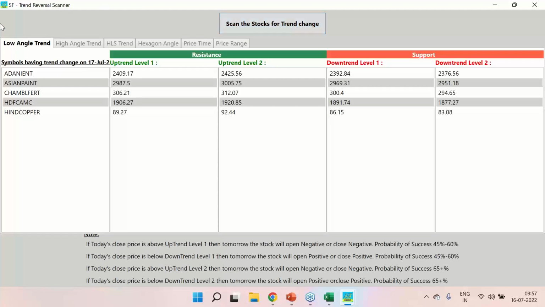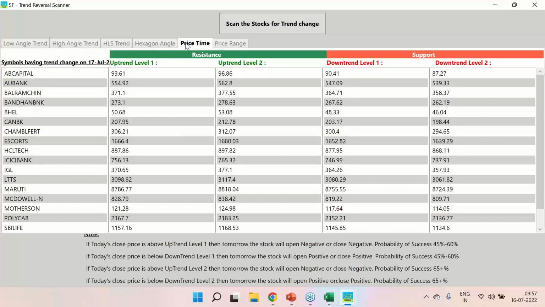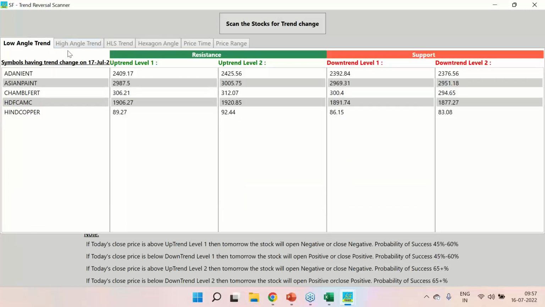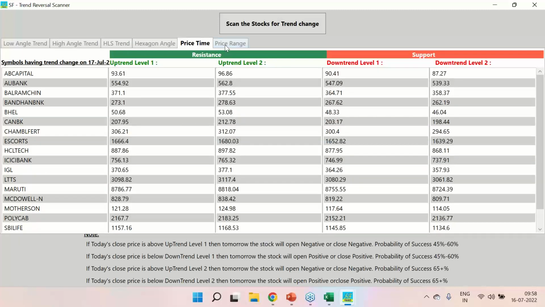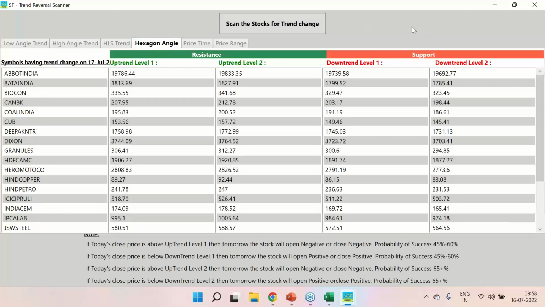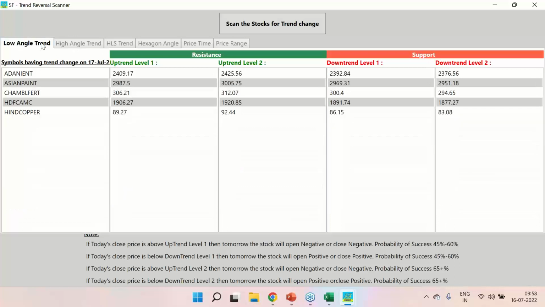We do have a scanner here. If you click the scanner button and scan, it clearly gives you the names of stocks which are going to have trend reversals on the next day, on Monday, based on these methods.